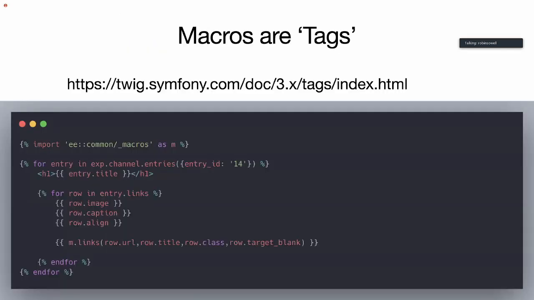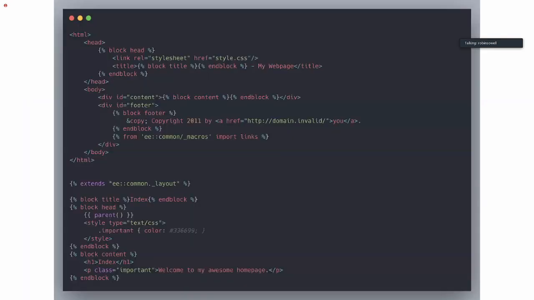But parent is kind of neat because if you go back here, and you see in the bottom section, right? I'm defining the head that I'm going to send up there and plonk into the head block. And what parent does, it grabs what's in the head block up top and pulls it down.